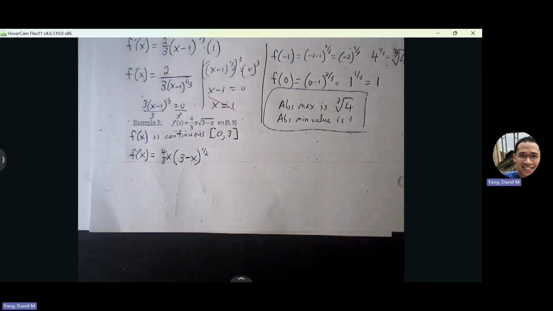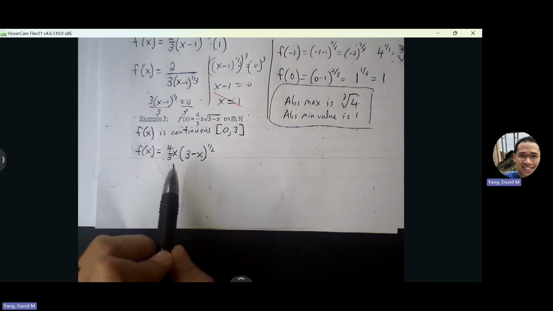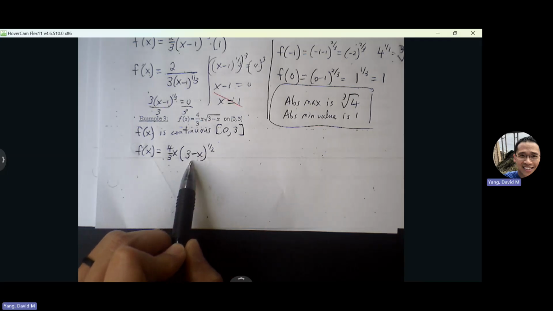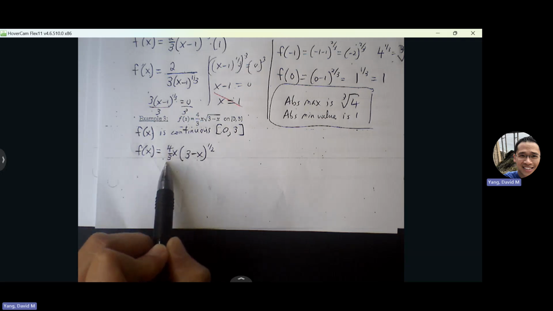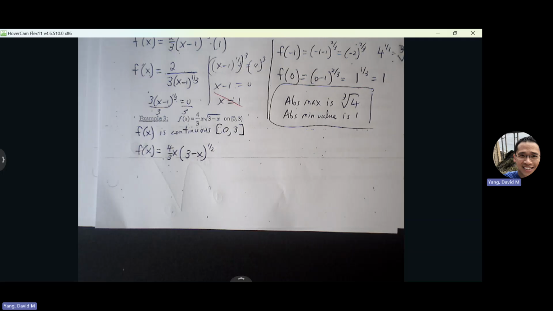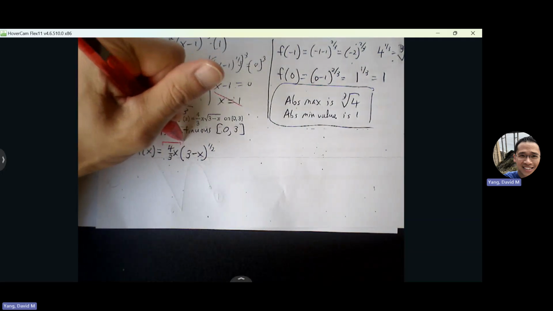Good, chain and product. Which one is going to come first? Product, yeah. Chain is only over the second half of the problem because of the parentheses, but product rule is going to see both the 4/3 x and the parentheses. So we always apply the larger rule first. So do product rule.